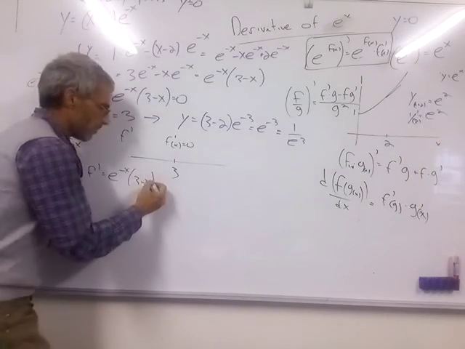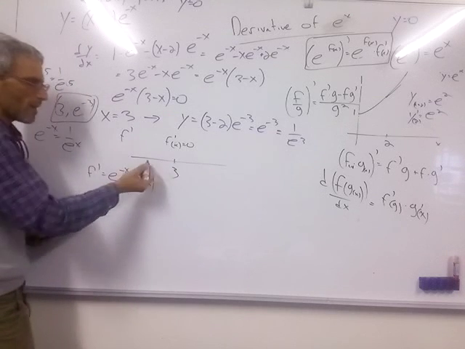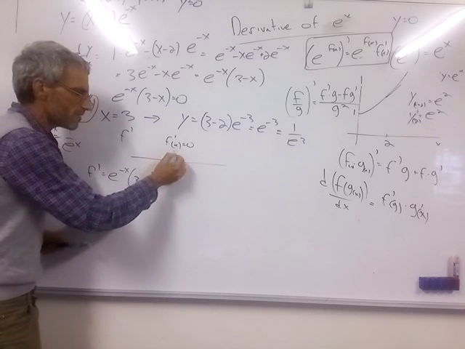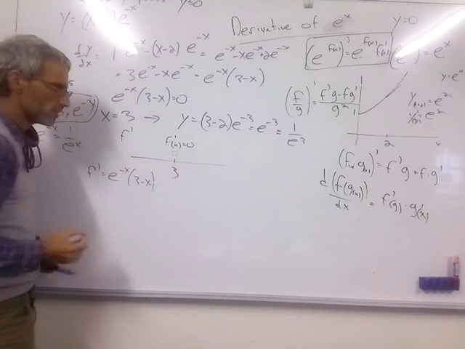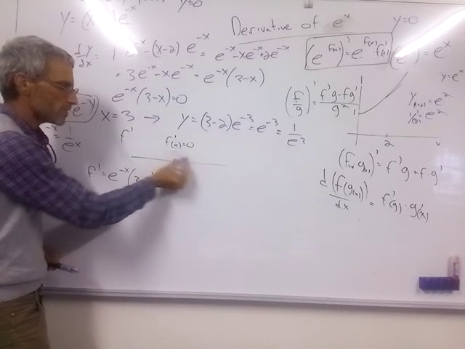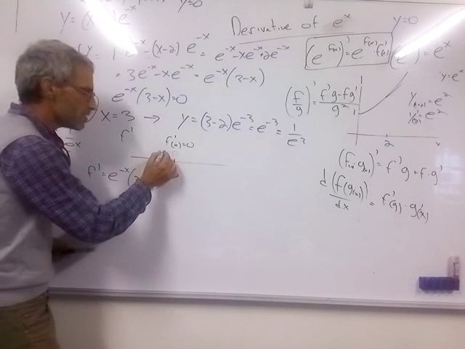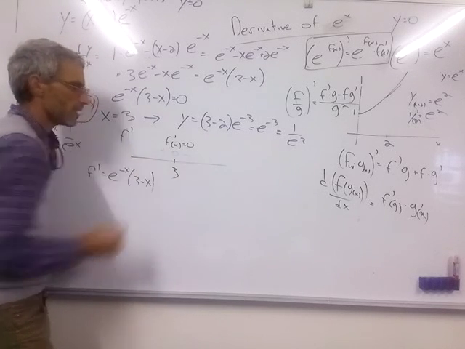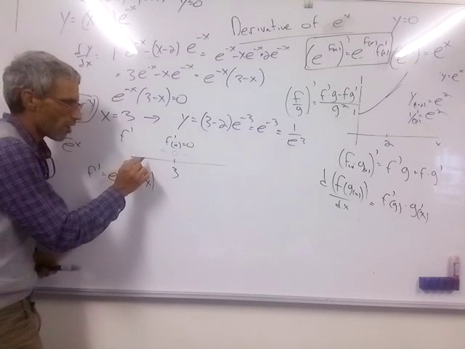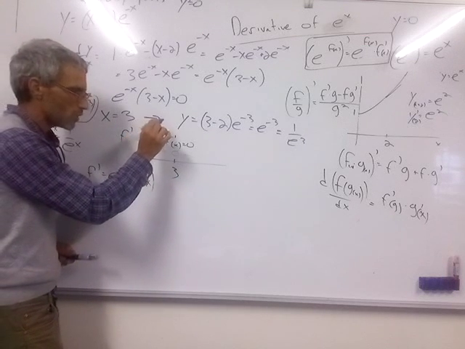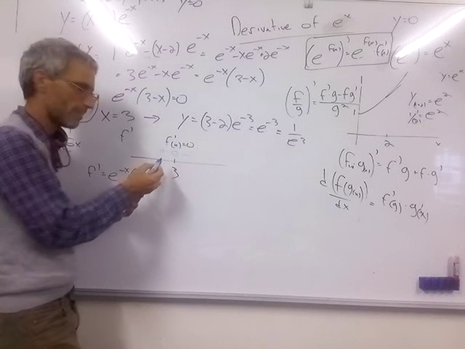Maybe I should have explained in the beginning. What am I trying to do here? I know the derivative here is 0 at 3. I'm looking to find out what the derivative is on either side. If the derivative here was positive and here was negative, that means the graph was going up, then it was stationary, then it was going down, meaning it's a maximum.